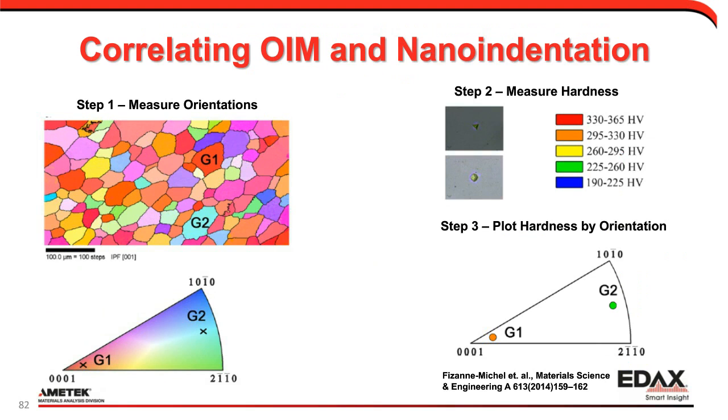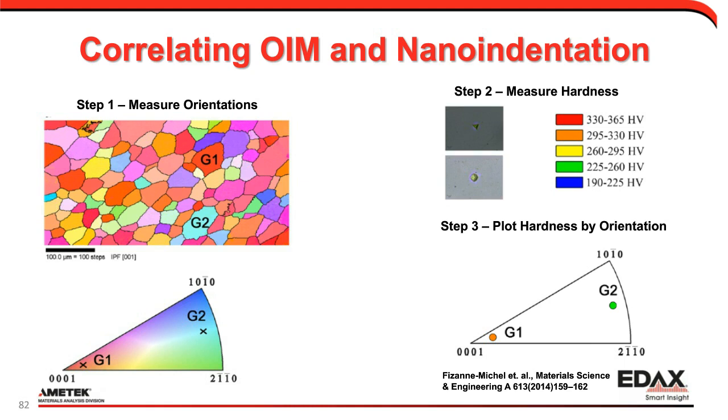Here, taking an orientation map, selecting different grains, you can see the grains in the orientation map are listed as G1 and G2. Their positions on the stereographic triangle are then plotted. And as we choose those grains, we can measure the hardness with nanoindentation.